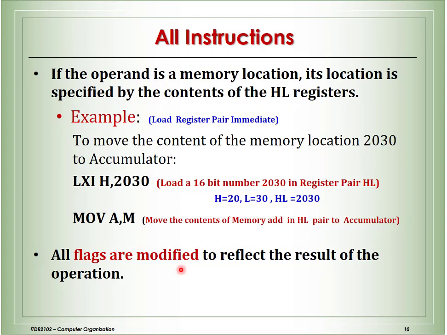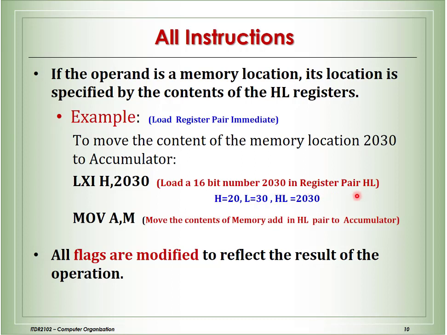Now here, if the operand is a memory location, its location is specified by the content of the HL register. Now you see this instruction, LXI, which is load register pair immediate, I for immediate, H 2030. What does it mean? This instruction means load a 16-bit number 2030 in register pair HL.